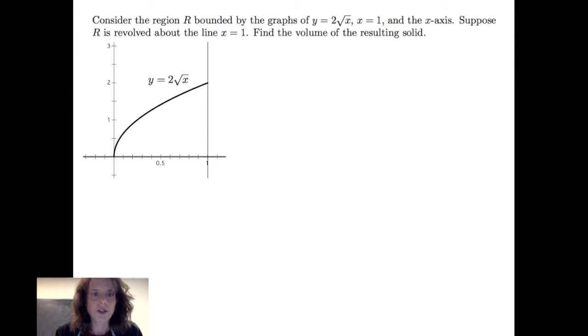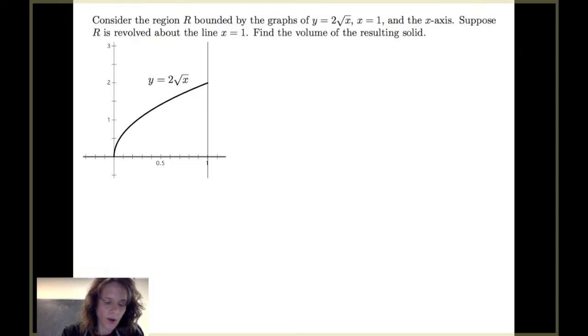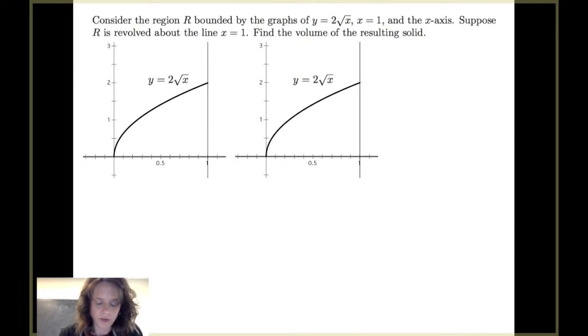So here's the region that you should have sketched. We've got y equals 2 times the square root of x, the x-axis, and the line x equals 1. We want to revolve this region about the line x equals 1. So when I graph the three-dimensional solid that results, I'm going to consider the fact that this will go over here.